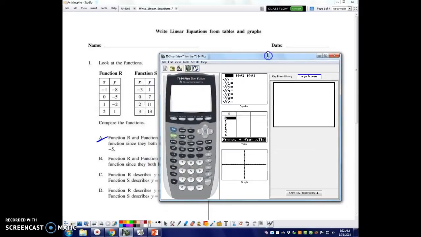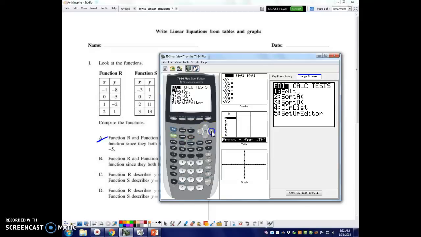Table number 1: go to stat, edit, and type in table number 1. So we have -1, 0, 1, 2. Then you go over, now you're typing in the y's: -8, -5, -2, 1.